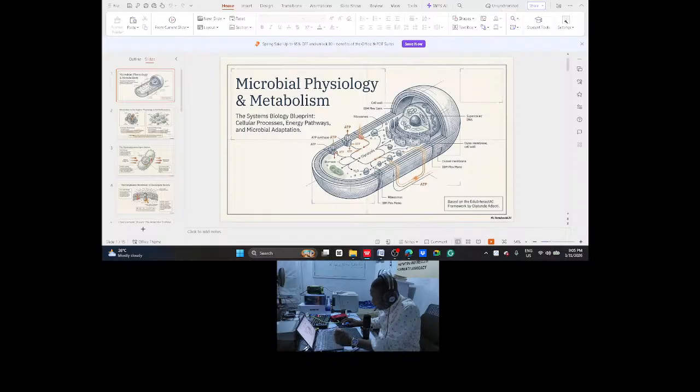This is the nucleus, a typical nucleus. But the question you should be asking now is, when we are talking of a bacterial cell, do we have a nucleus in there?